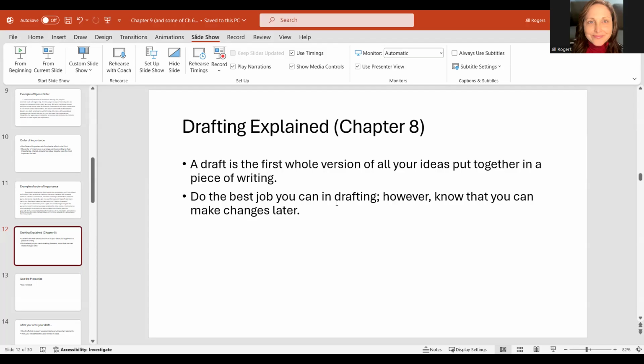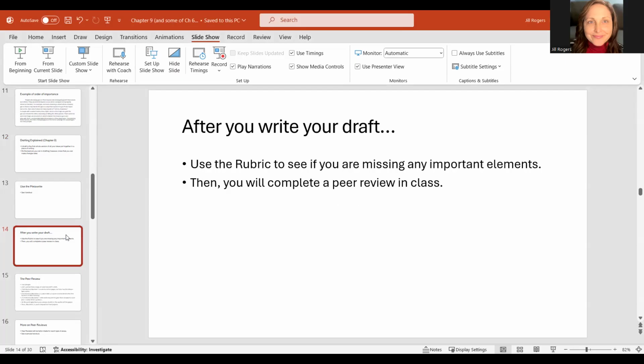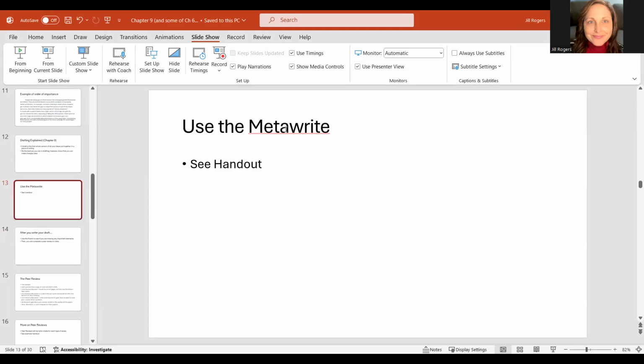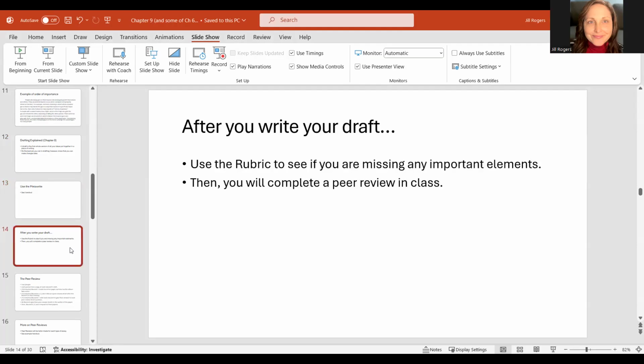So do the best you can in drafting because later you will be able to revise and edit, but the better the job that you do now, the better the end product will be. And of course you can make changes later. Okay, so I just said, use the meta write to structure your draft.